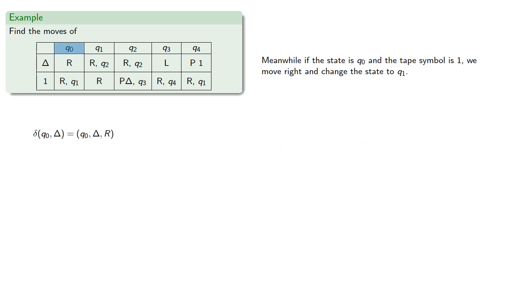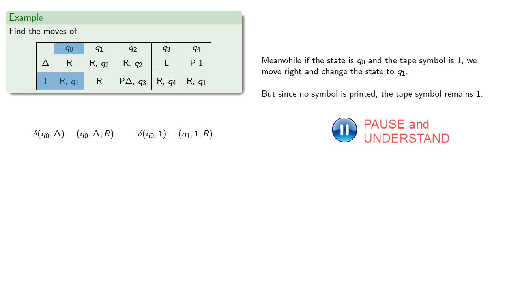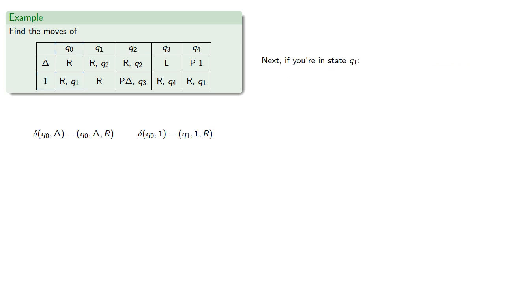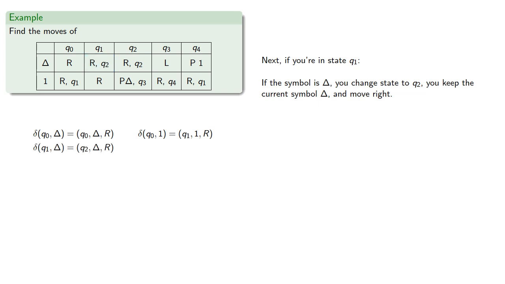Meanwhile, if the state is Q0 and the tape symbol is 1, we move right and change the state to Q1. But since no symbol is printed, the tape symbol remains 1. Next, if you're in state Q1, if the symbol is the blank symbol, you change state to Q2, you keep the current symbol, and move right. But if the symbol is 1, you keep the current state, the current symbol, and move right.